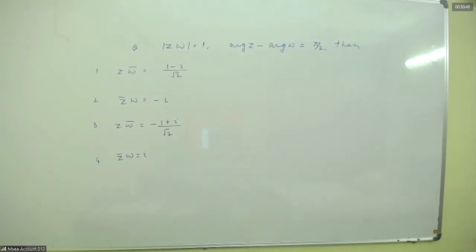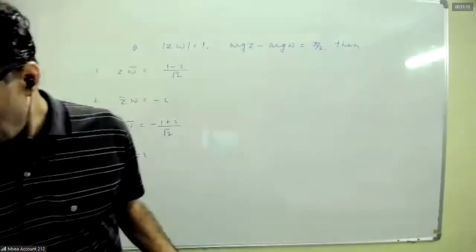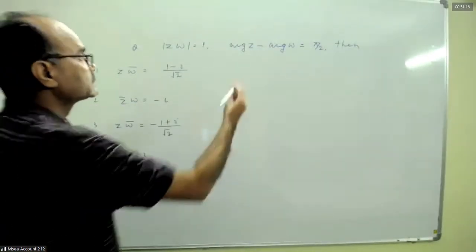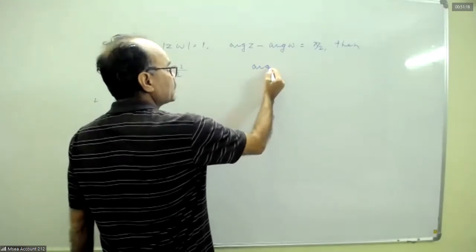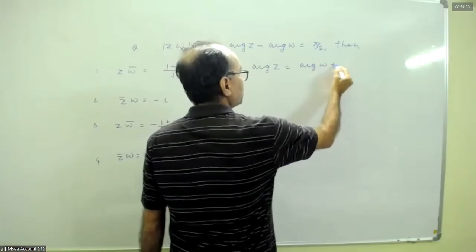So option 2. I think it is correct. Let me check. See, argument of Z is argument of W plus pi by 2.